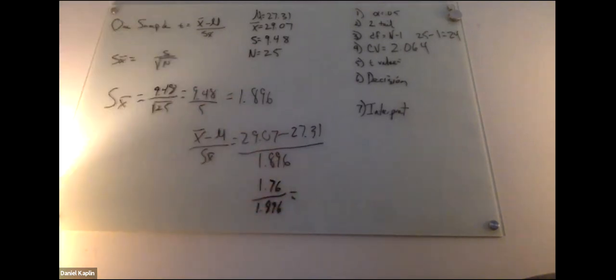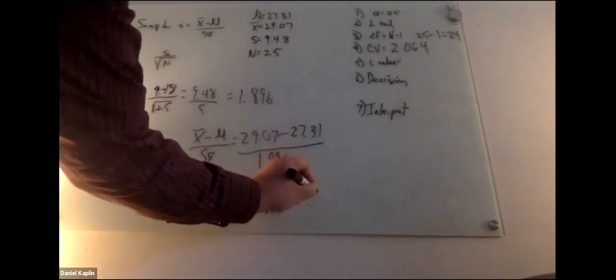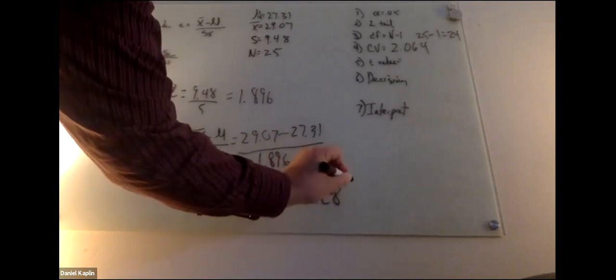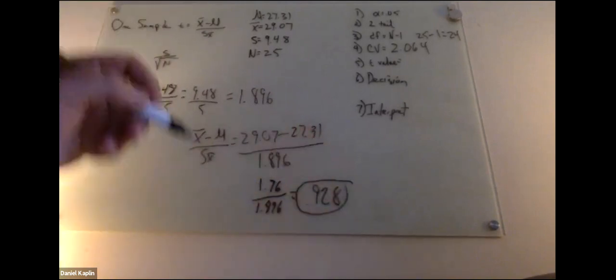So let's calculate that out. 1.76 divided by 1.896 gives us a final calculation of 0.928. So that was our t-value.